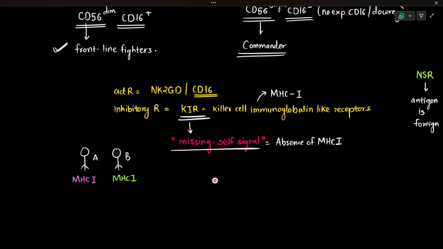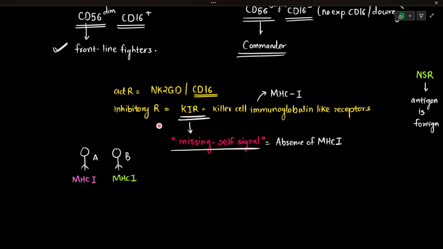But if those receptors are binding to MHC class 1 molecules, this means that particular cell is our own cell, so that is going to result in the formation of inhibitory signals, and the natural killer cell won't get activated. Okay, so this is how the balance between the activatory receptor and the inhibitory receptor is very important for activation of the natural killer cell.